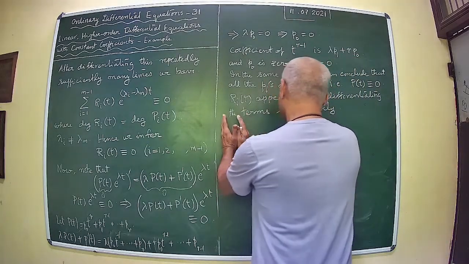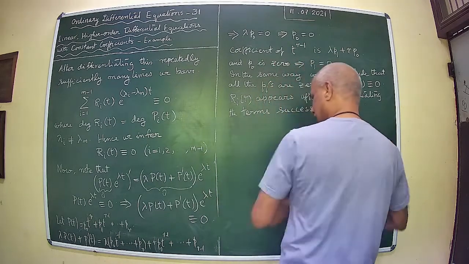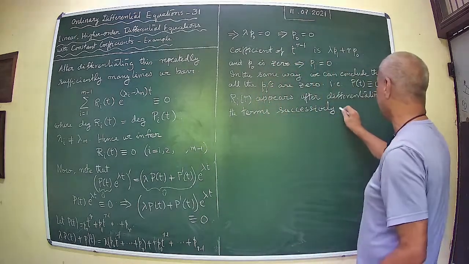So this term is 0 means the coefficient here is 0, here is 0, etc. So successively you can work out the details.